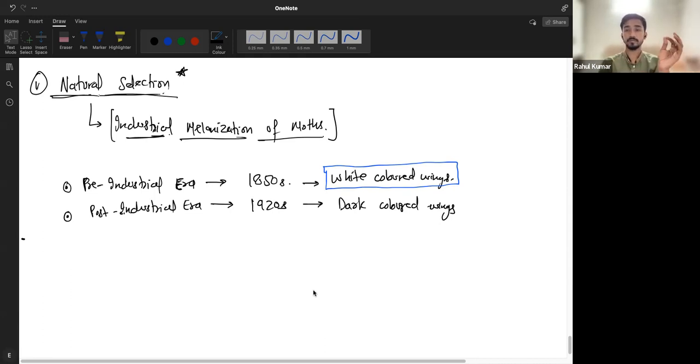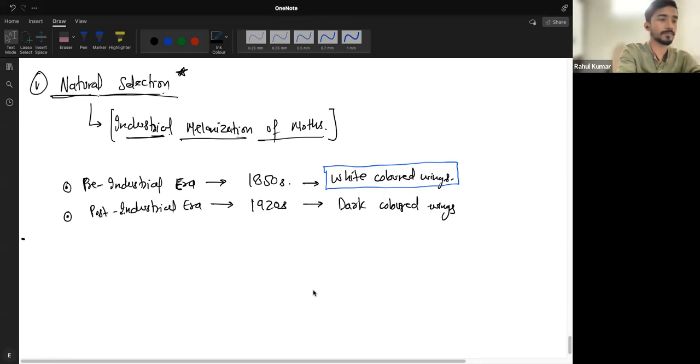This proportion was found to be reversed in the 1920s.